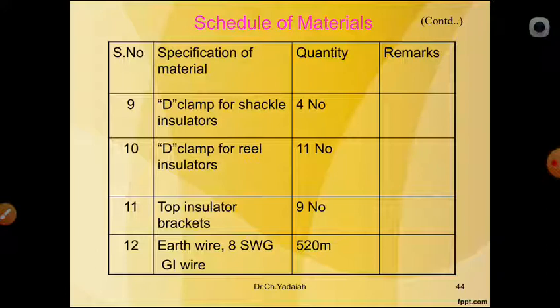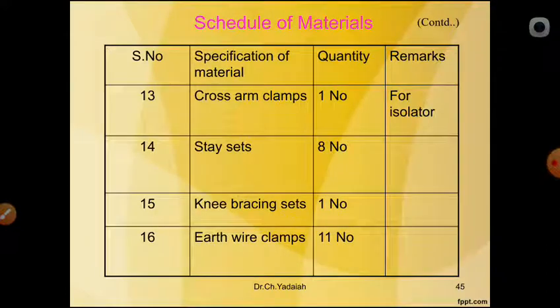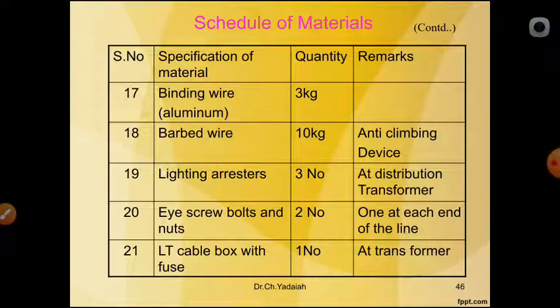Next, earth wire SW520 and cross arms 1 number, stay sets 8 numbers, knee bracing set 1 number, earth wire clamps 11 numbers, and binding wire 3 kgs.